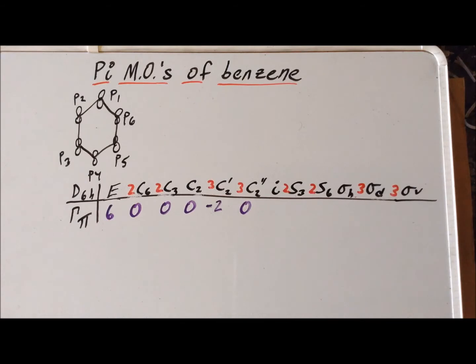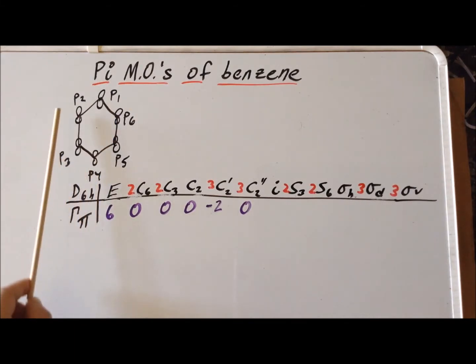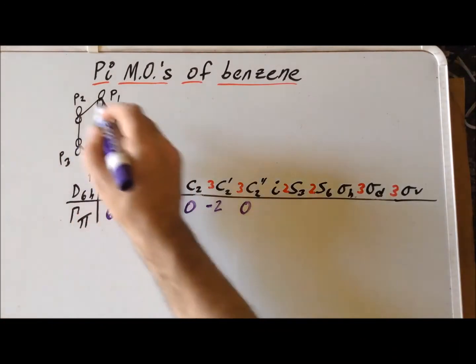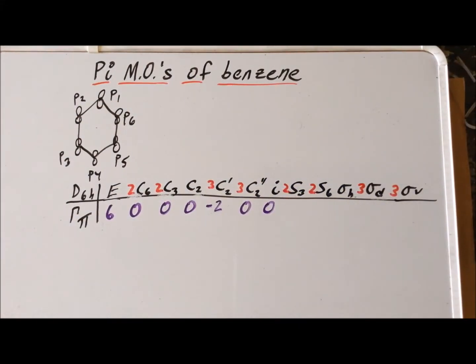For the inversion operation, i, this takes p1 into minus p4, p2 into minus p5, p3 into minus p6, for example. Since all the orbitals move, our character is going to be a 0, since none of them stays in position. For our improper rotation S3, recall that S3 is a C3 followed by a reflection in the plane of the whiteboard.